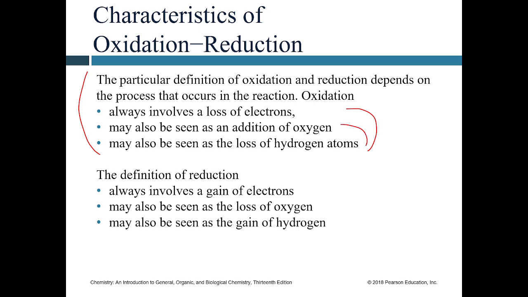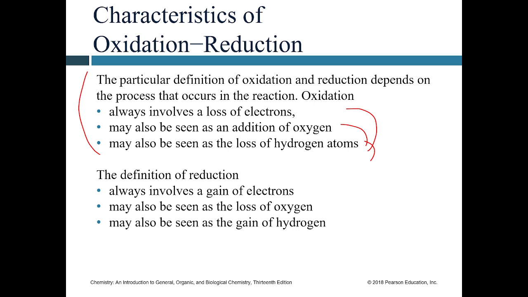In biological processes, it can often be traced by looking at it as the addition of an oxygen, in which case the other thing that gained the oxygen got oxidized. You can also see it as the loss of hydrogen atoms. If something loses hydrogen atoms, it is very typically going to mean it's been oxidized.